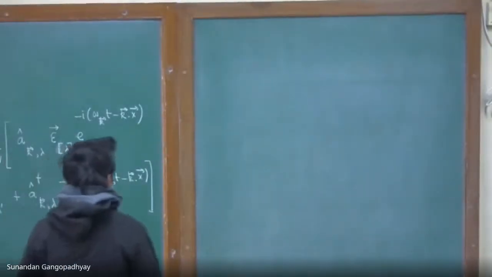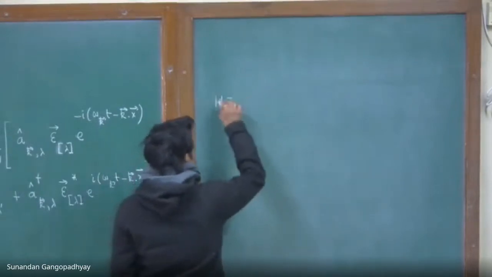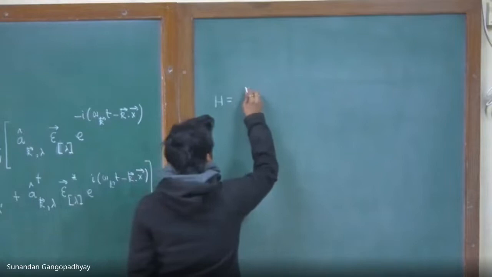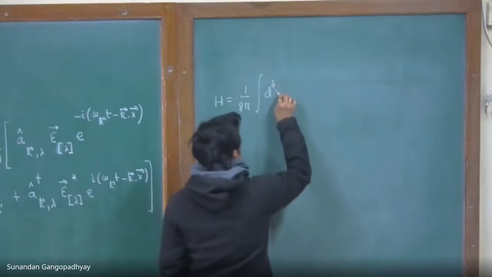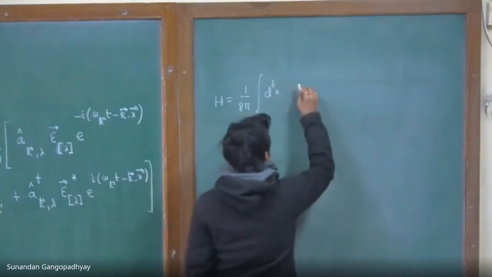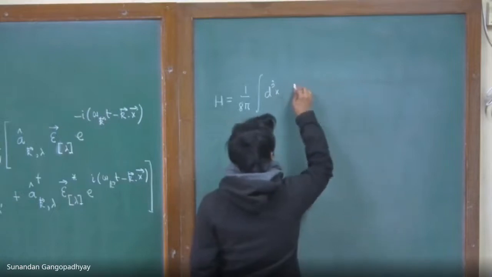So if you remember, the Hamiltonian in the classical case is given by 1 by 8 pi, this is in the unrationalized units, integral d^3x, E vector square plus B vector square.